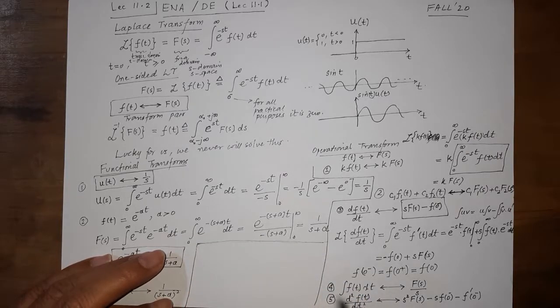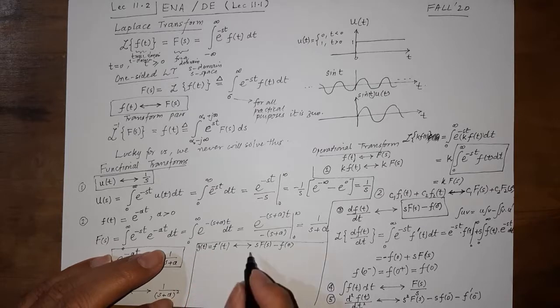So we know that f dash t has a transform s F of s minus the initial value of the function. Let us say this f dash t is another function g of t.